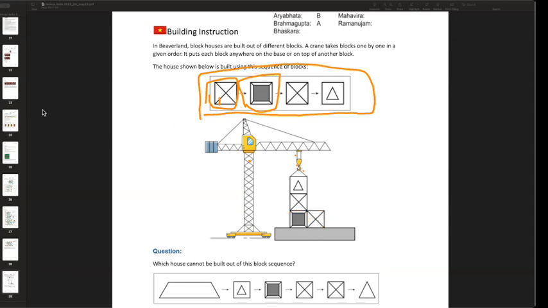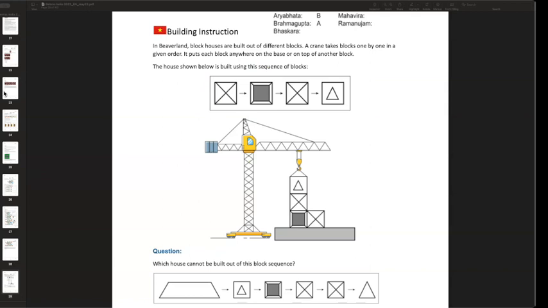It placed the first block over here. Then this is the second block it placed. This is the third block. This is the fourth block. So the blocks have to correspond. So for example, it cannot keep the triangle first because the triangle is fourth in order.